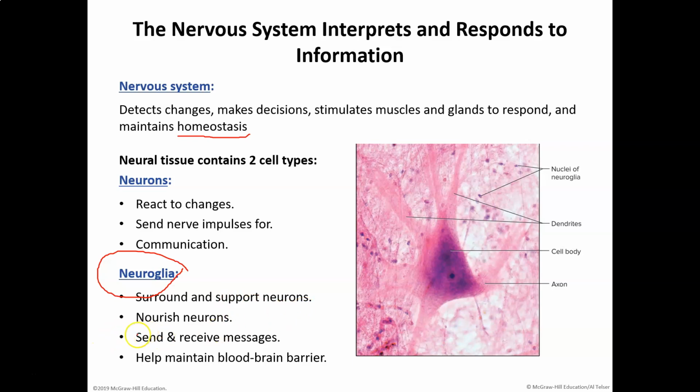They nourish neurons. They send and receive messages, but not in the same way that neurons do. It's a little different. We'll get to that. And then they help maintain the blood-brain barrier. You may have heard the blood-brain barrier is a very difficult to penetrate barrier that keeps your brain and spinal cord, your central nervous system, separated from the rest of the body. And rightly so.